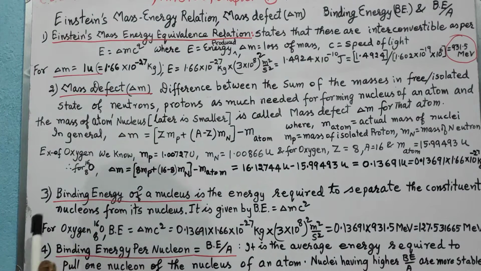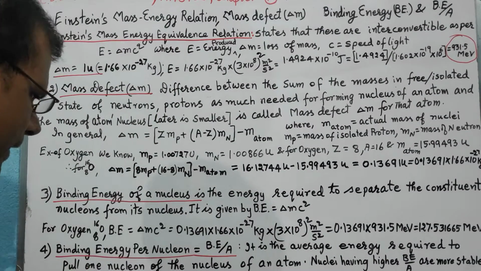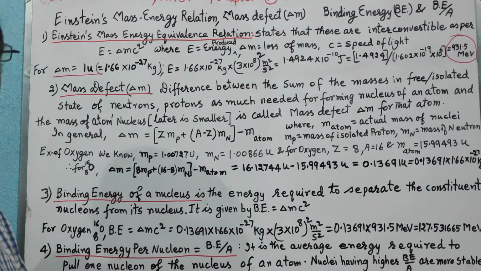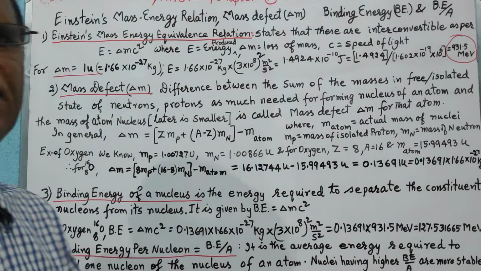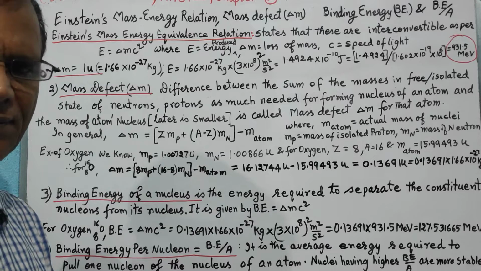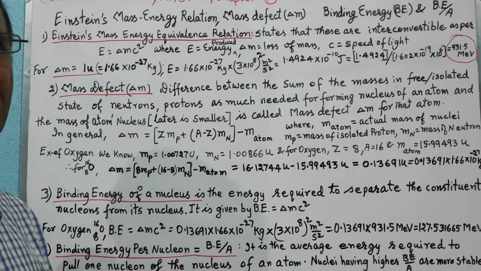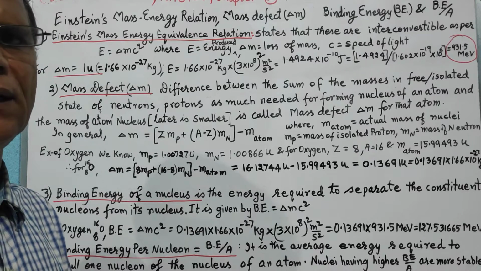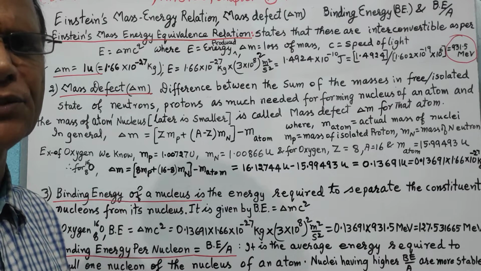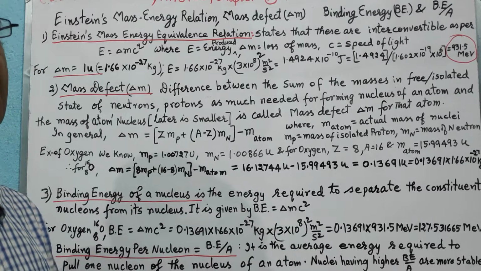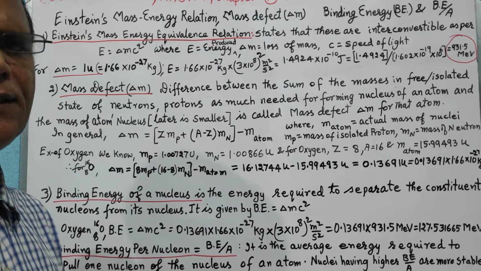So now we further talk about binding energy per nucleon. What is binding energy per nucleon? It means the total binding energy for a given nucleus divided by the mass number of that nucleus. That is known as binding energy per nucleon.